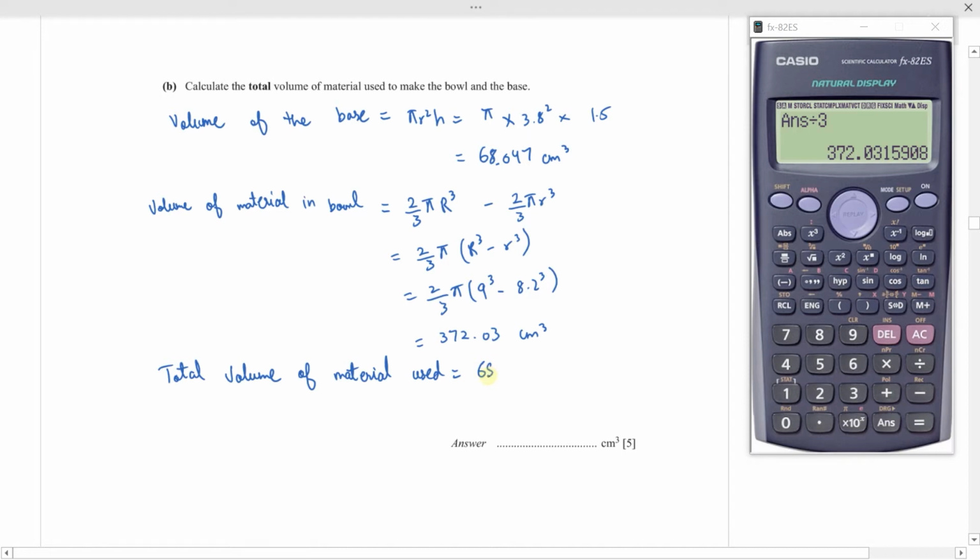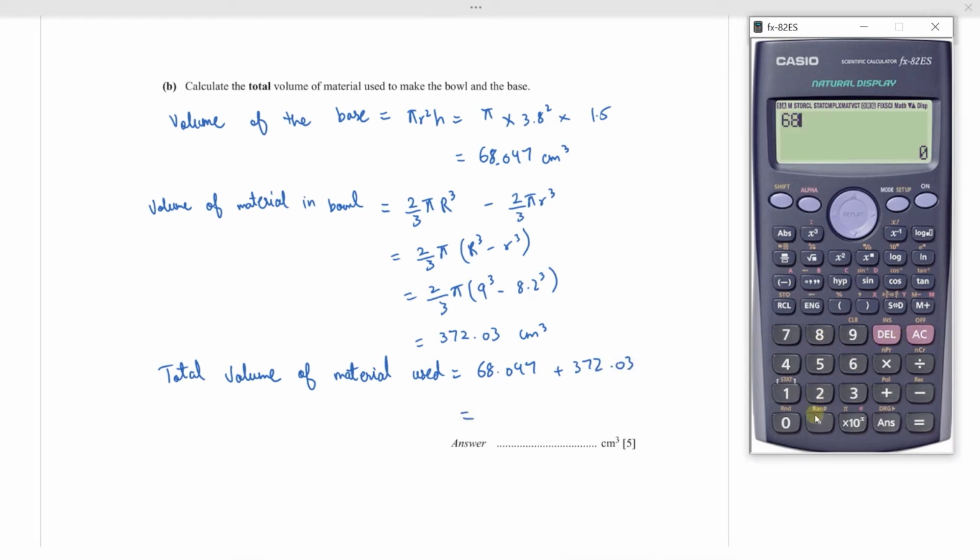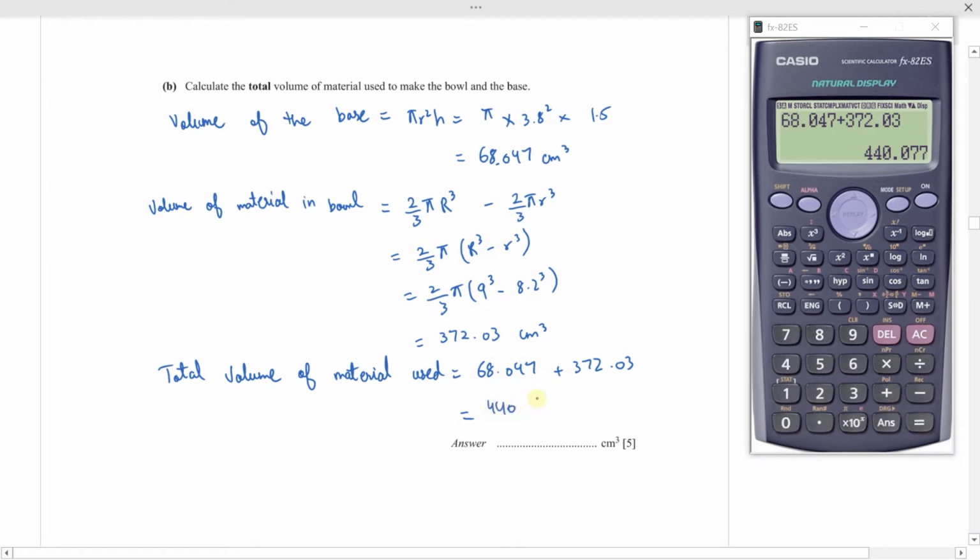So this is 68.047 plus 372.03, which is 440.077. So up to three significant figures, this will be 440 centimeter cube, the total volume of material used to make this bowl.